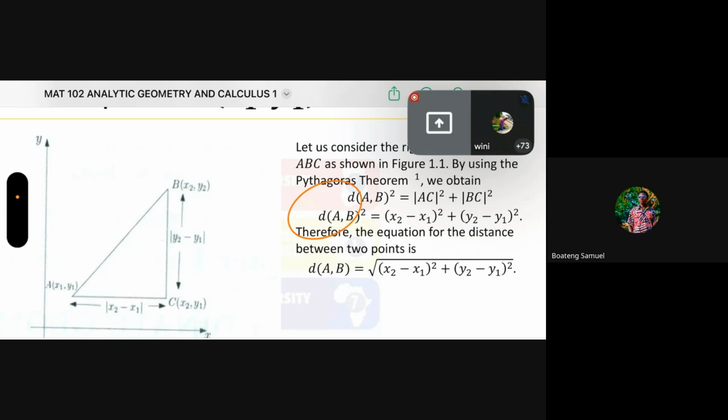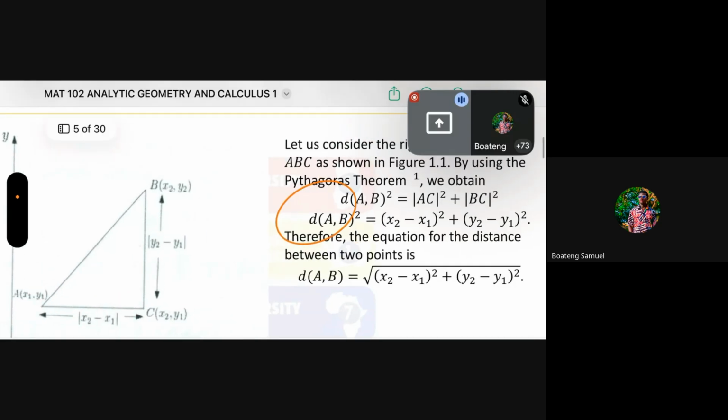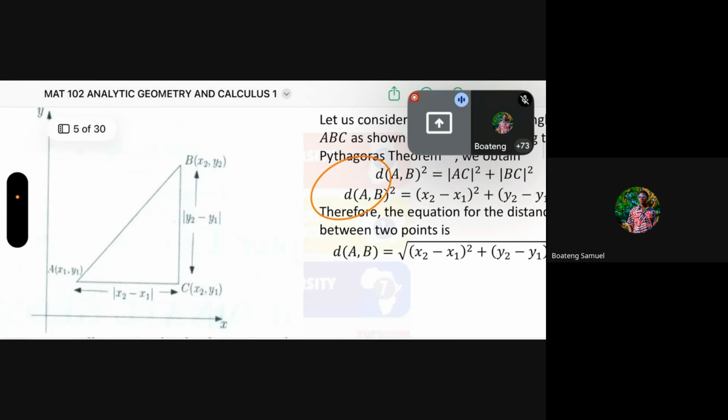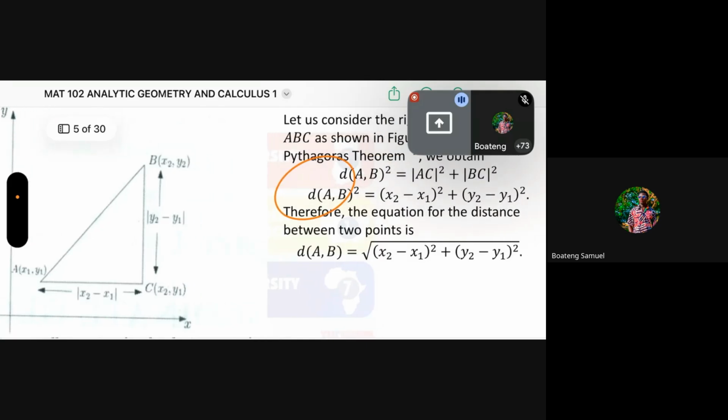Yes, madam. So if we apply the same thing, can you see that d(A, B) squared is equal to the absolute of AC squared plus the absolute of BC squared? And we know that our AC is x2 minus x1. So in place of the absolute AC squared, I'll write (x2 minus x1) squared, plus, in place of BC squared, (y2 minus y1) squared.